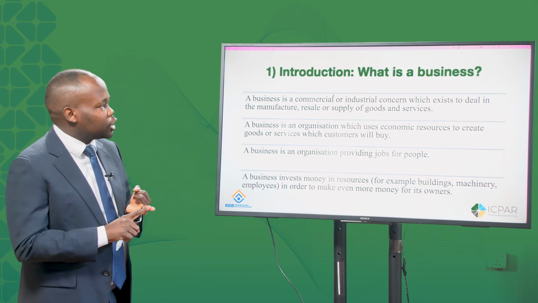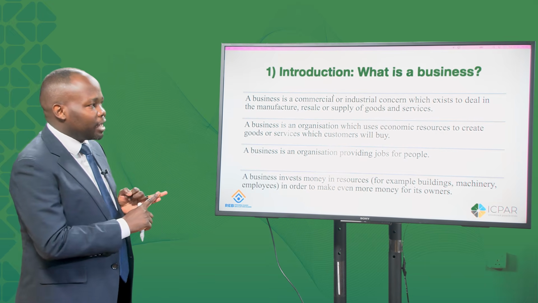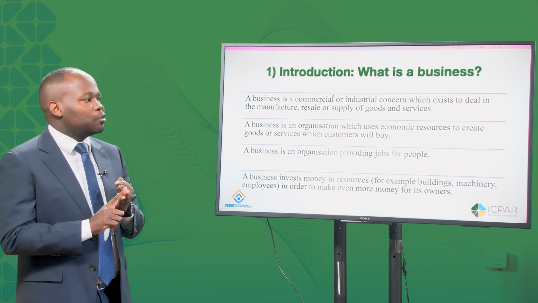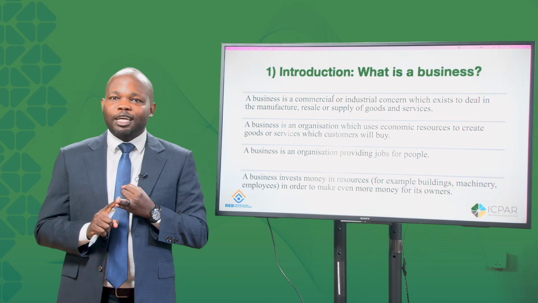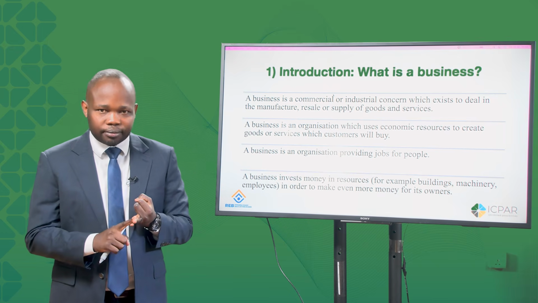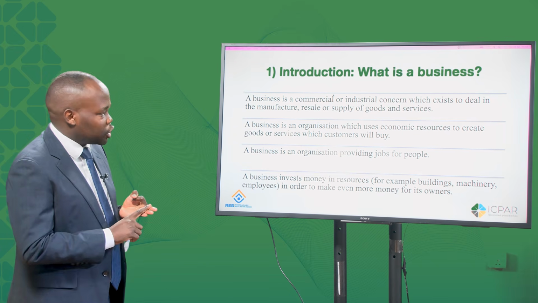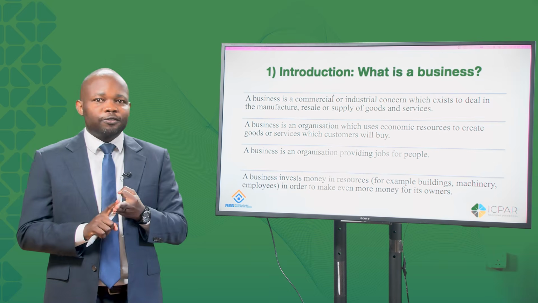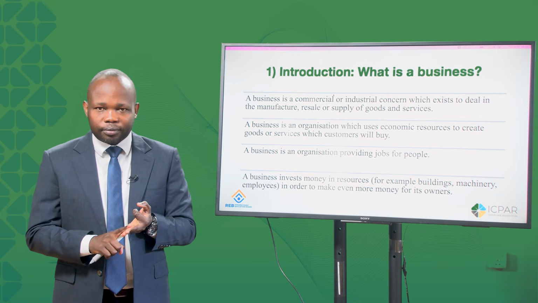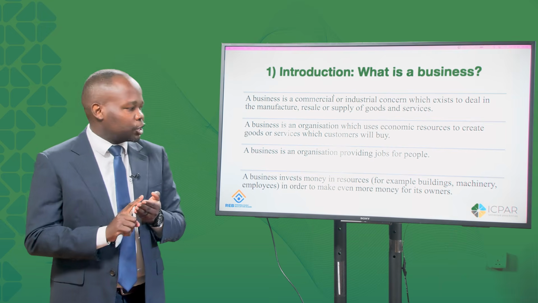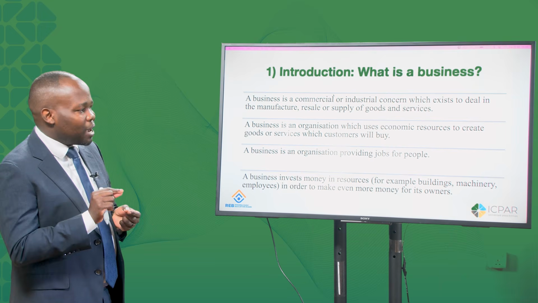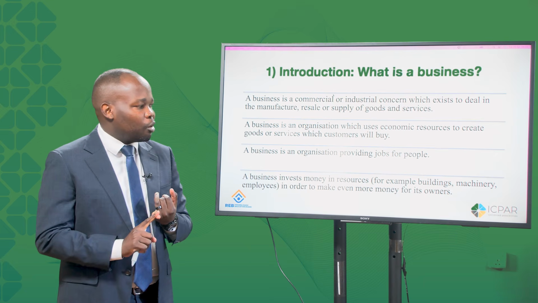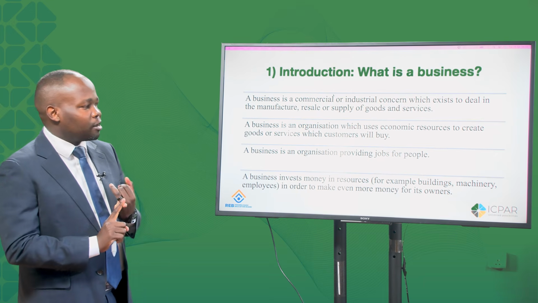The second definition, a business is an organization which uses economic resources to create goods or services which customers will buy. In our third definition, a business is an organization providing jobs for people. And our last definition, a business invests money in resources in order to make even more money for its own owners.